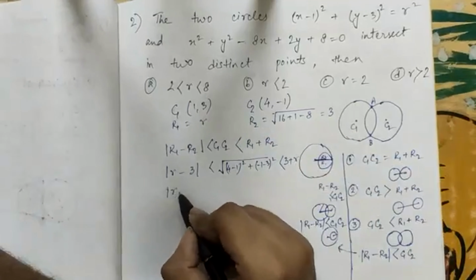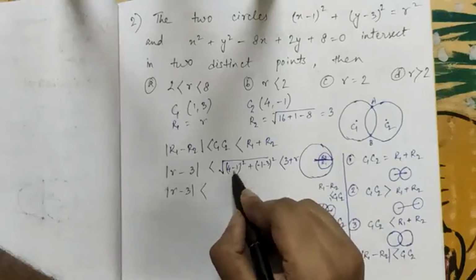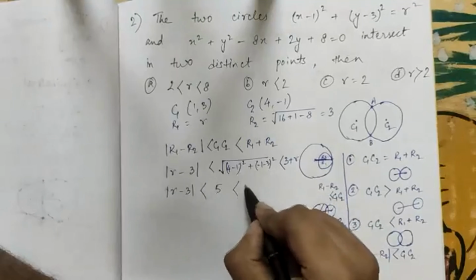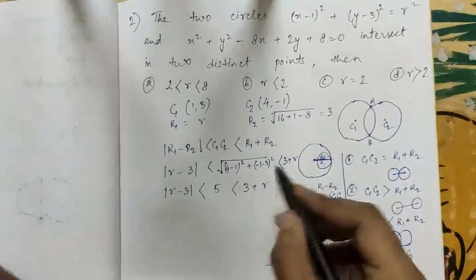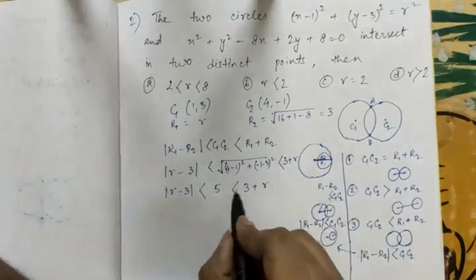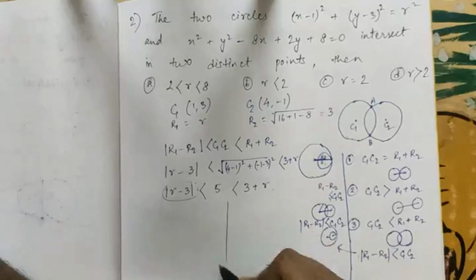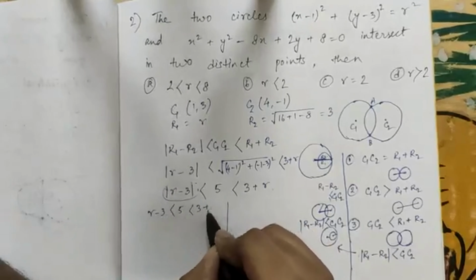So here mod of r minus 3 is less than under root 3 and 4, it will be 5, which is less than 3 plus r. So from here, in the first case I am taking this as r minus 3 is less than 5, less than 3 plus r.